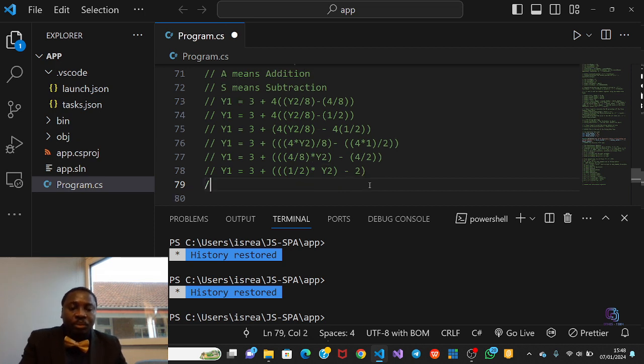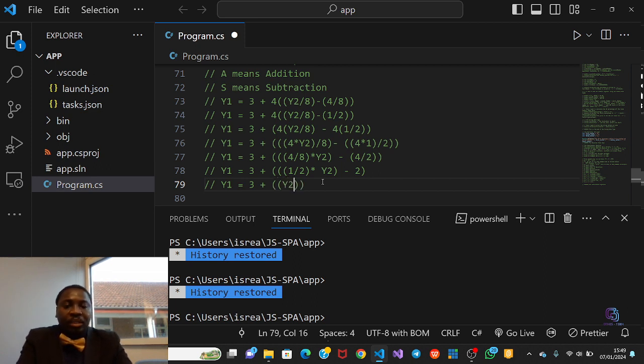So now move to the next one, which is y1 is equal to 3 plus, into brackets. So we have 1 times y2, which is y2, minus 2, put it into brackets.